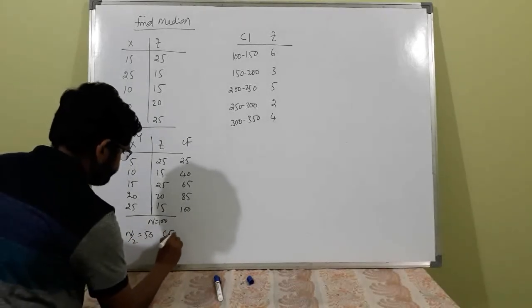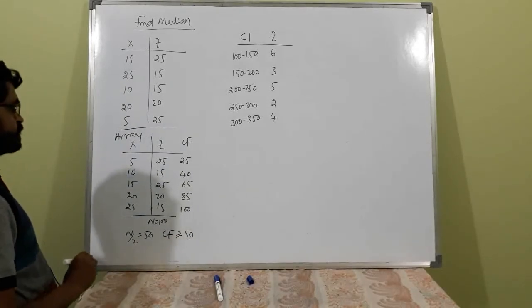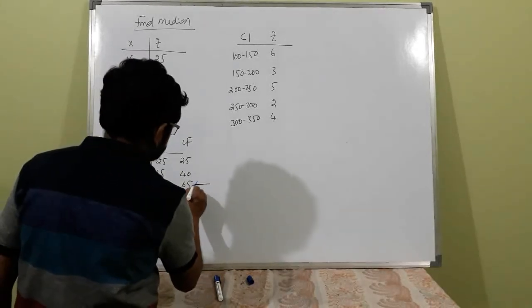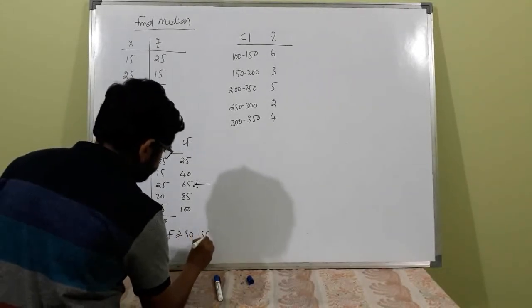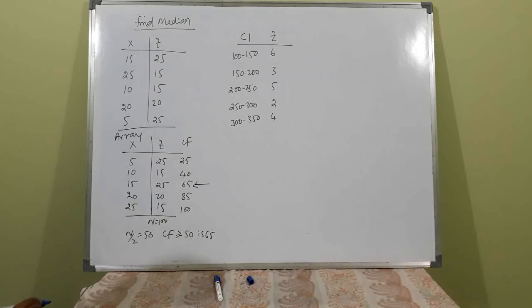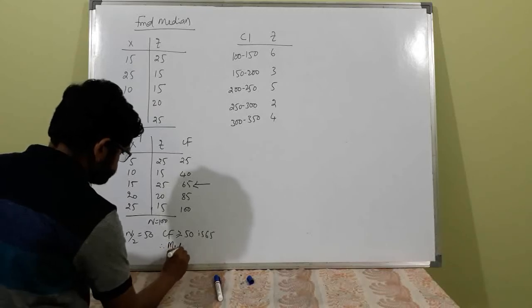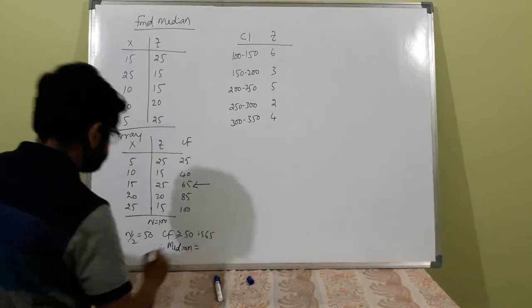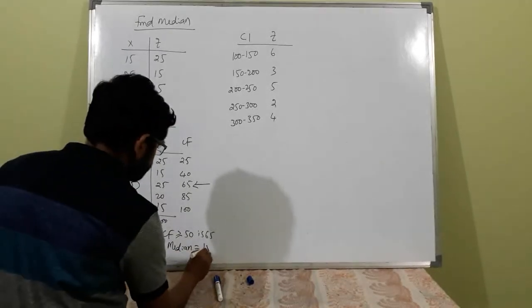Cumulative frequency greater than or equal to 50 is 65. This is not the median. Therefore, the median is the corresponding x value, 15.